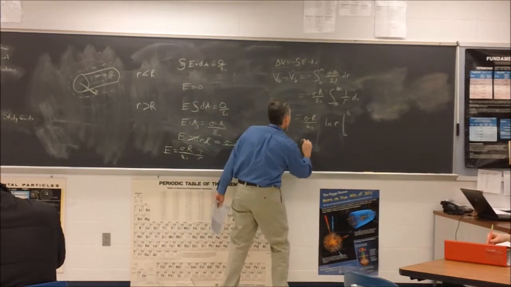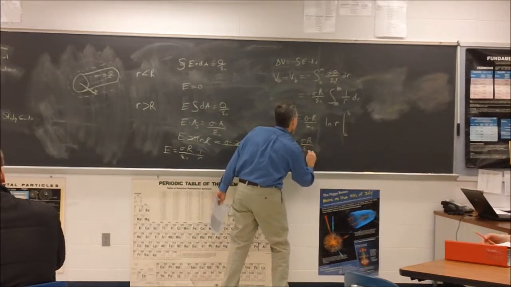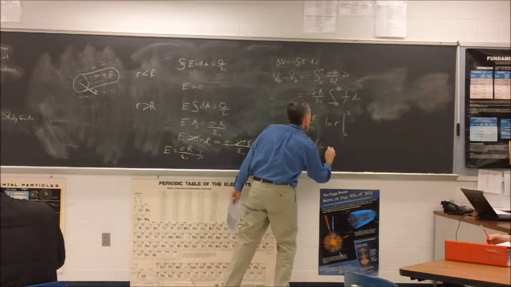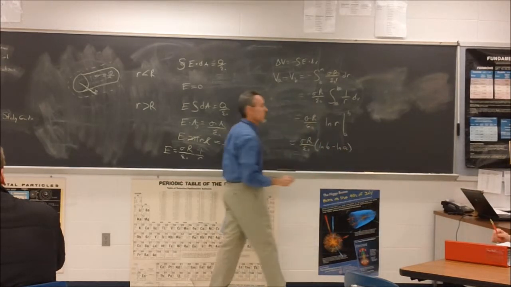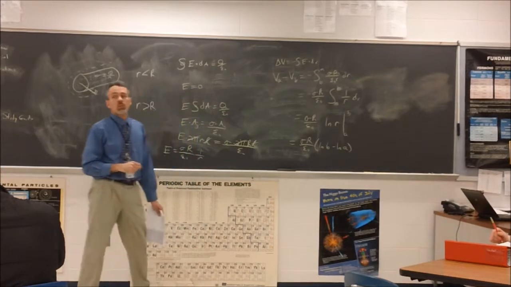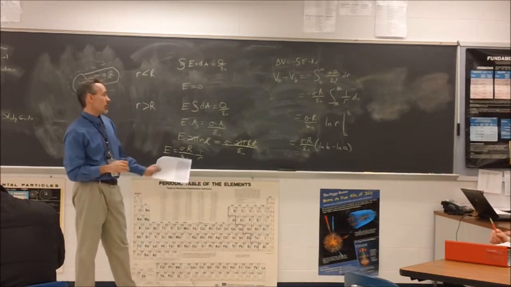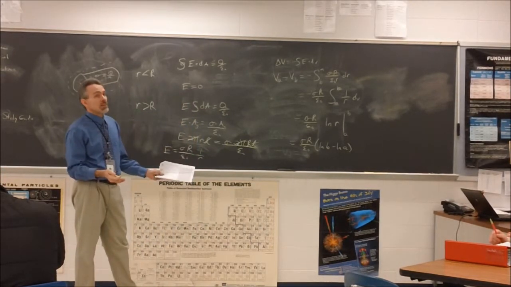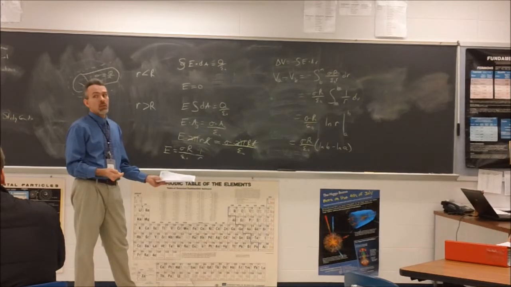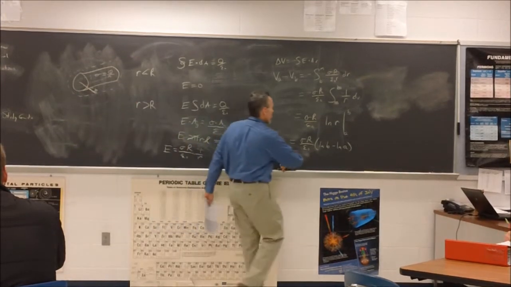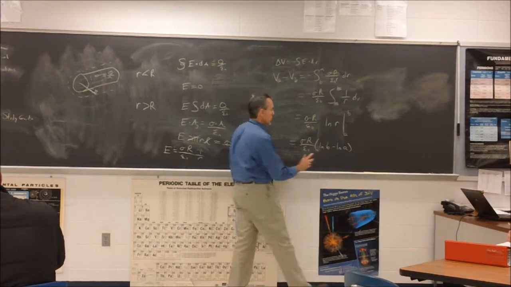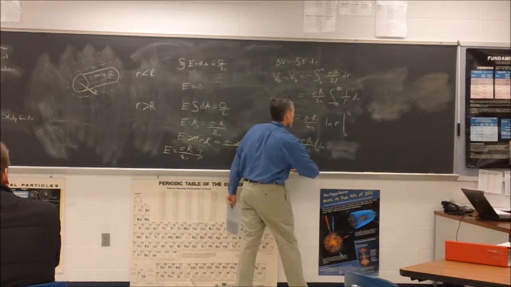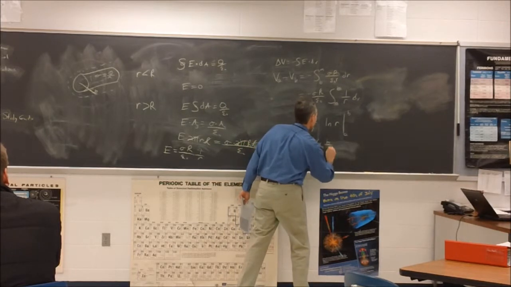This is equal to sigma R over epsilon naught, natural log of b minus natural log of a. I can use the property of logs, and if I subtract logs, that's the same thing as the natural log of b divided by a.